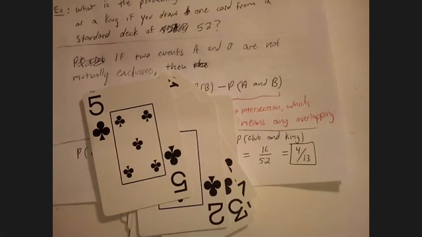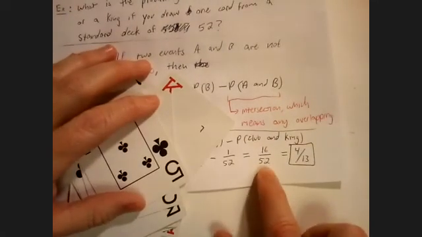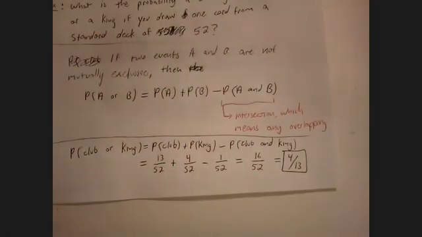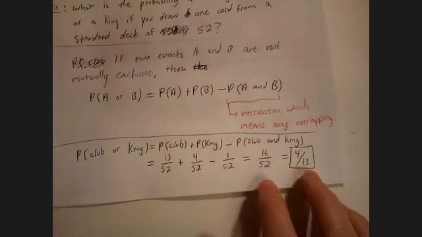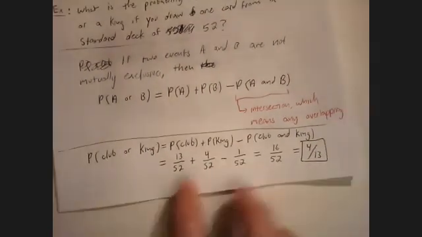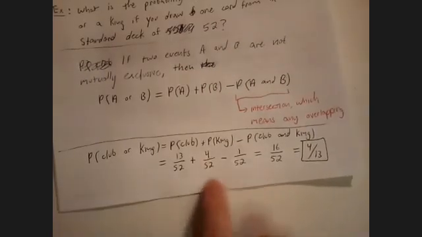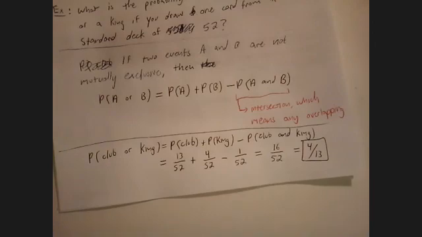So if I grabbed all my cards, I counted them up, I'd have 16 over 52, which reduces to that. Okay? When the numbers get really large or messy, we might choose to do this. There may be a problem in the homework where we need this formula. But in general, you might find a simpler way to do these.